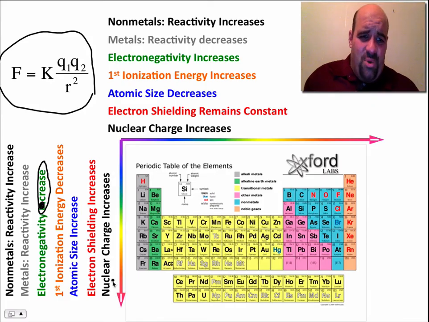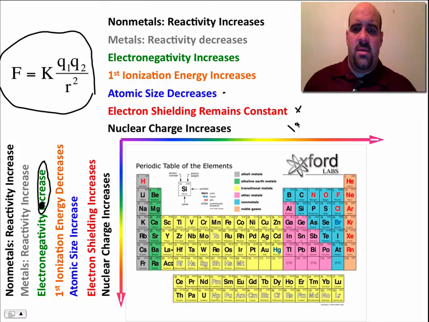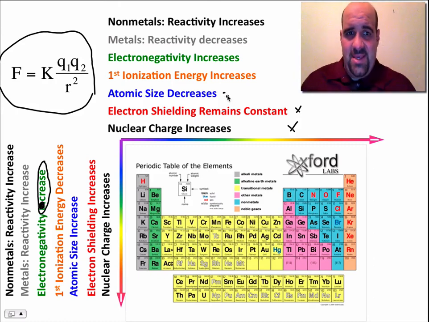As you go down, there's more energy levels. As there's more energy levels as you go down, atomic sizes get bigger. As we go across, we can kind of explain this in terms of both of these. Nuclear charge is increasing, but shielding is remaining constant, so the atom is being pulled a little more tightly to the nucleus, so atomic size is decreasing.